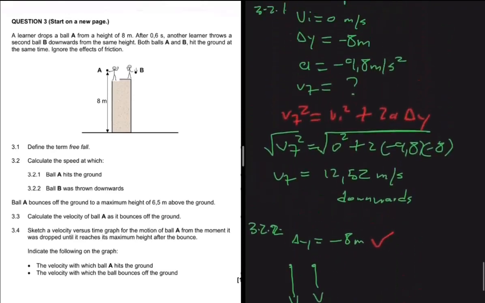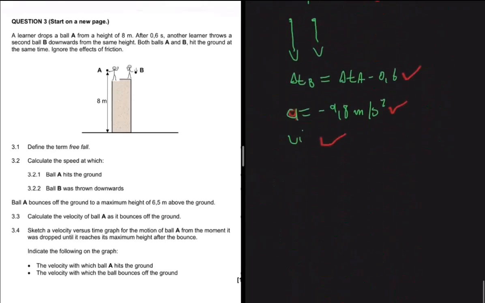So let's look at the information we had for ball A, right? We have VI, we have VF, and we have a. So we can say that VF will be equal to VI plus a delta t of ball A, right? We are interested in ball A here. So what is VF? VF is minus 12.52, right? So the velocity at which it strikes the ground, and it's dropped.